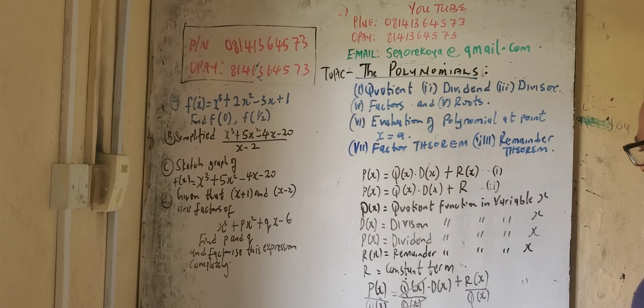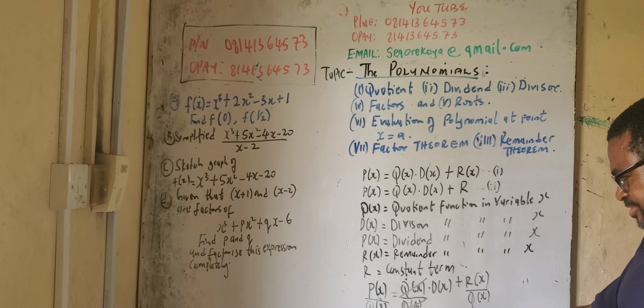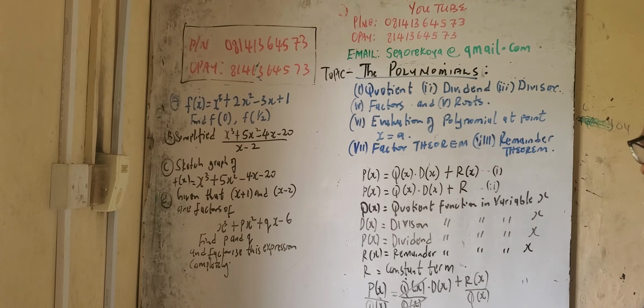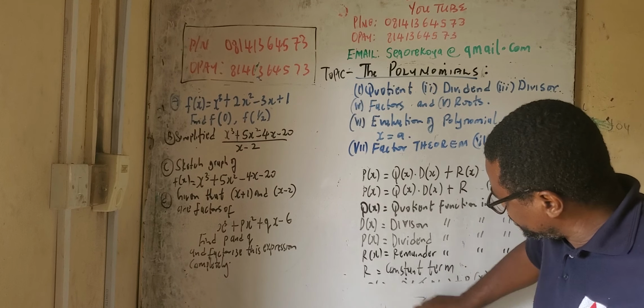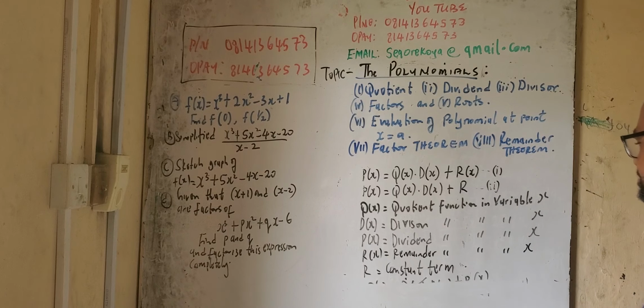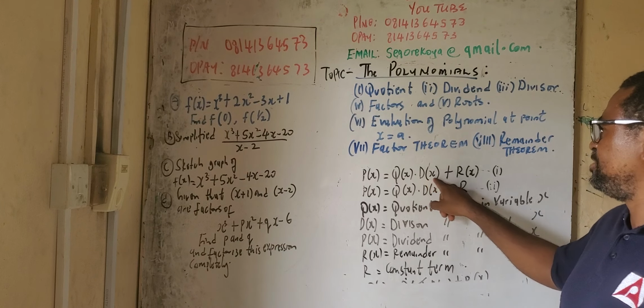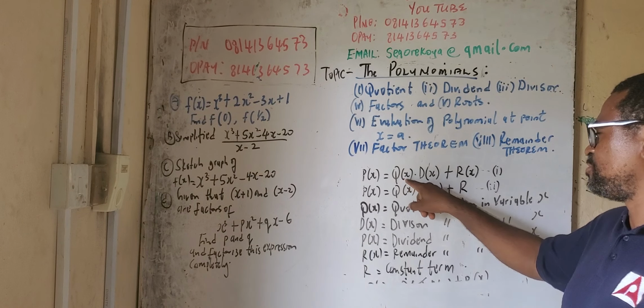No, sorry, I'm supposed to divide through by the divisor. I'm supposed to divide my function through by the divisor d of x, not q of x, because q of x is the quotient.